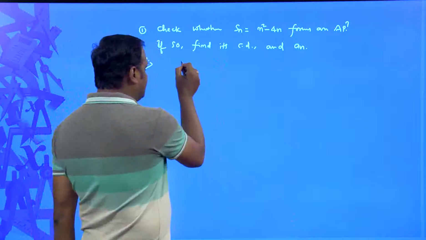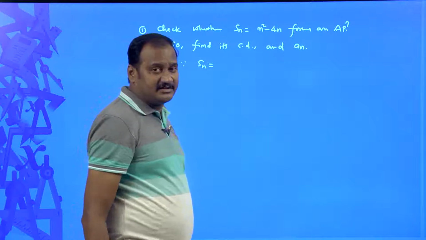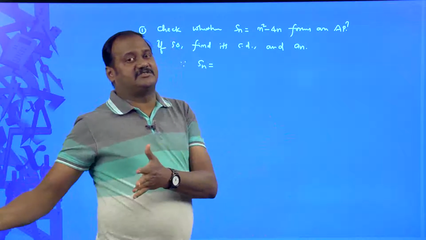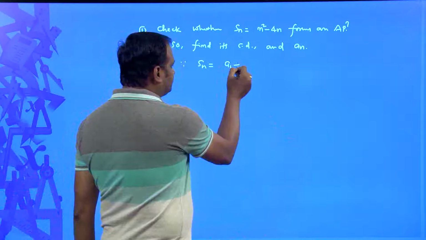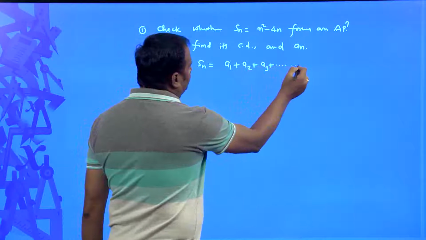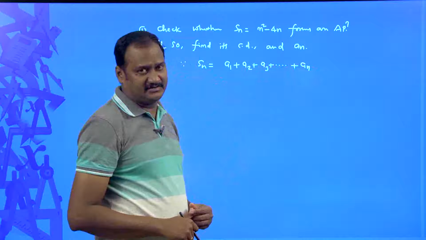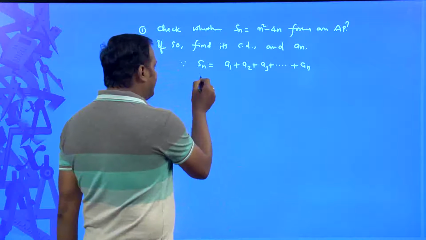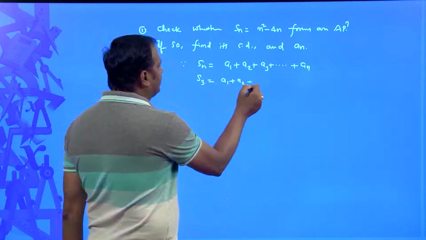For that, what do you mean by sum to n terms? Sum to n terms means when you have n terms and you keep adding all these n terms, then you get sum to n terms. It means first term plus second term plus third term plus so on plus n terms. Suppose I have only 3 terms, then I can write S3 is equal to A1 plus A2 plus A3.